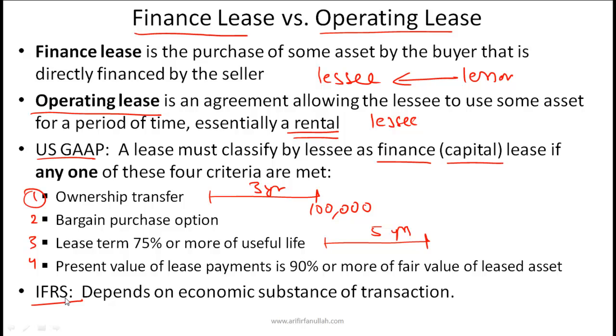Now, what does IFRS say? IFRS is more subjective, and IFRS says that you classify based on the economic substance of the transaction. But essentially, from your exam perspective, I think these 4 bullet points are quite meaningful, and hence I'd encourage you to remember these.